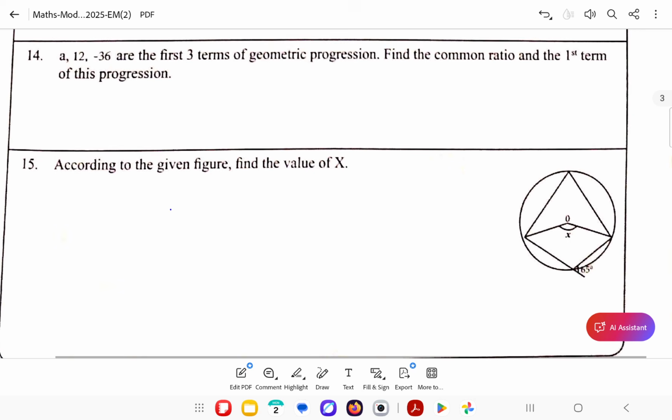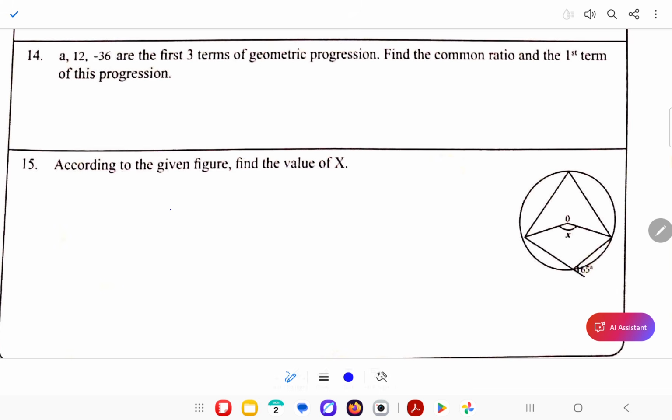Right. Then next question. A, 12 and minus 36 are the first three terms of a geometric progression. Find the common ratio and the first term of the progression. So A, 12, minus 36. So common ratio is what? You look at two consecutive terms and divide them. Third one divided by second one. Minus 36 over 12.